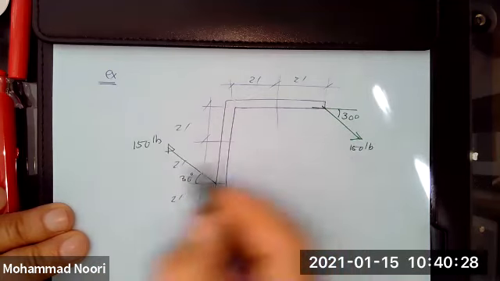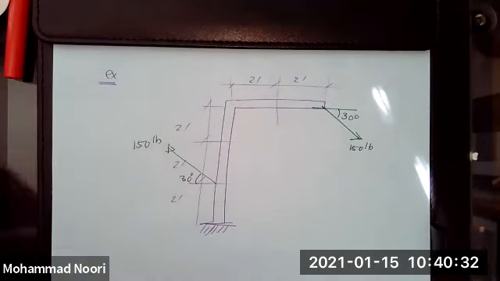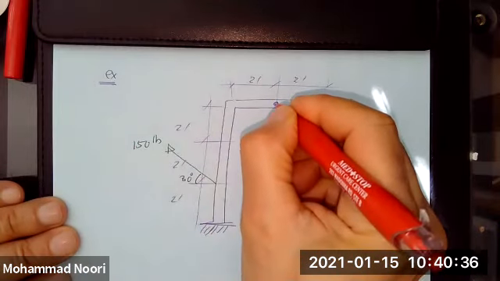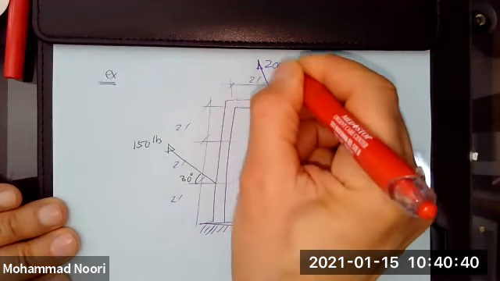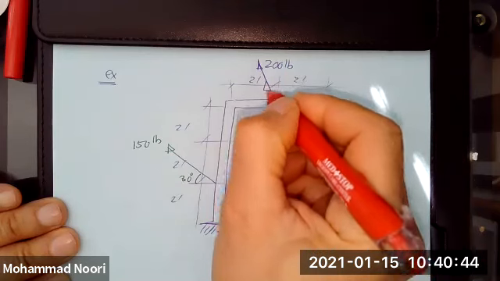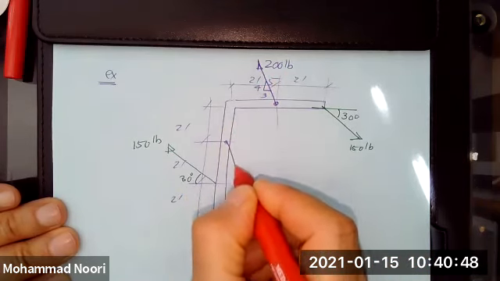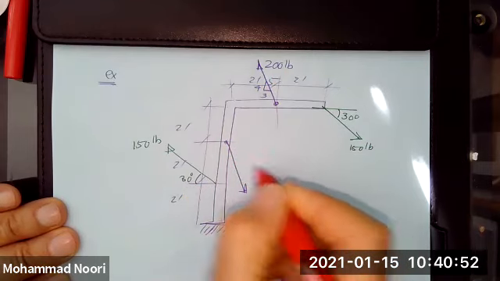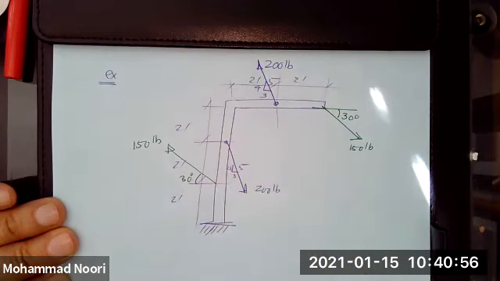So these two form a couple. Another couple consists of this force of 200 pound, and the slope is given 3, 4, 5, and another force of 200 pound, which is also 3, 4, 5.